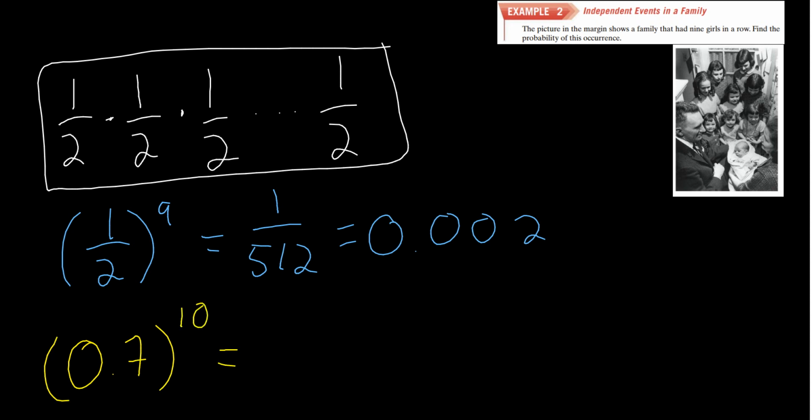You would just say 0.7 raised to the 10th power, and that's roughly a 2.8% chance, so it's 0.028. You can do this with all sorts of problems like that, but the basketball problem specifically will be helpful.